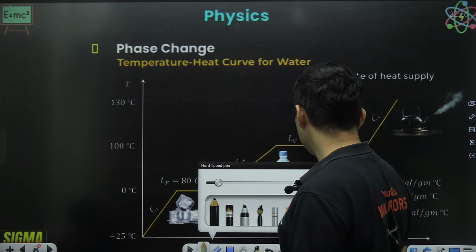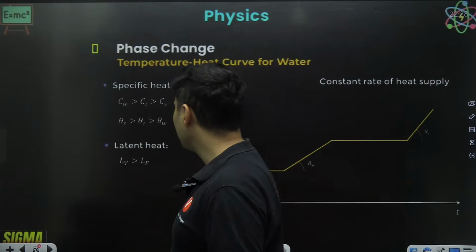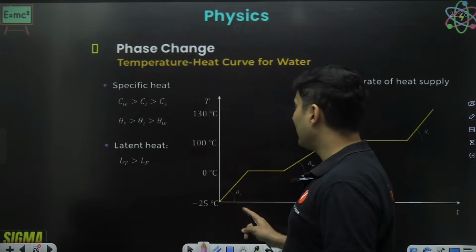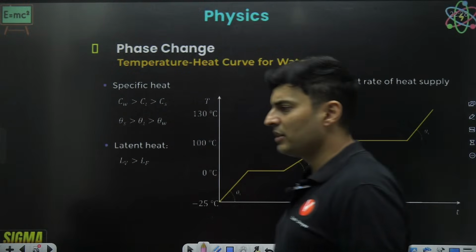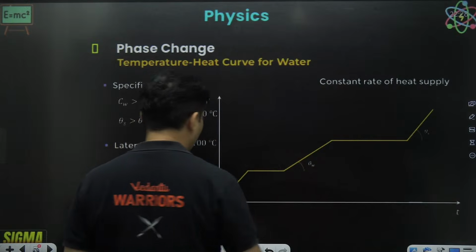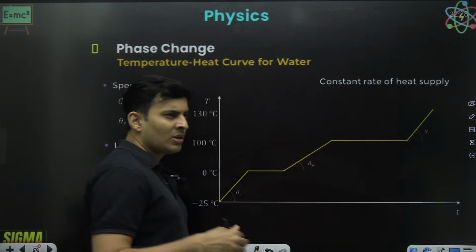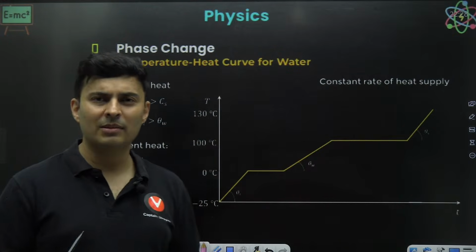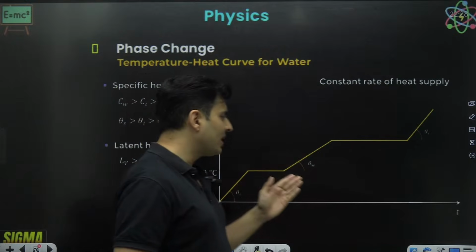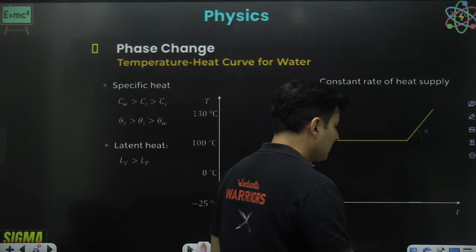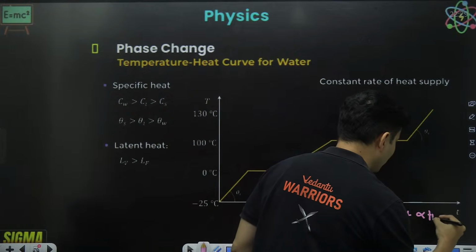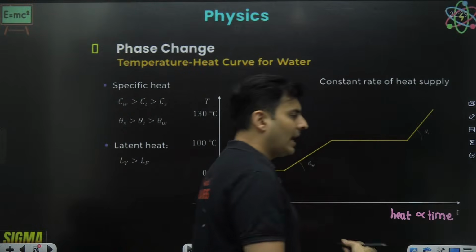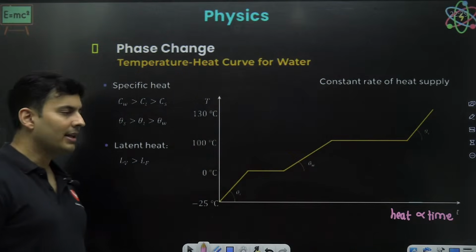If you look at the slope of temperature versus whatever heat is supplied, the heat supplied will also be dependent on the time. So if I wait for more time, more heat will be supplied. Even if it is a temperature versus time axis, please remember the heat which I supply will be proportional to the time that I wait as I'm supplying that heat.